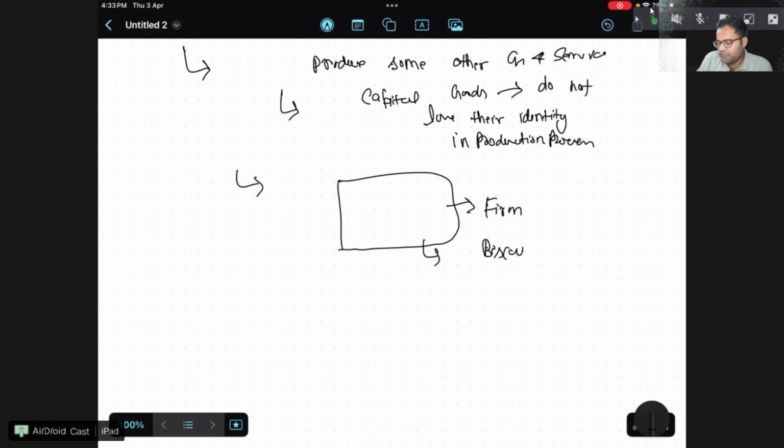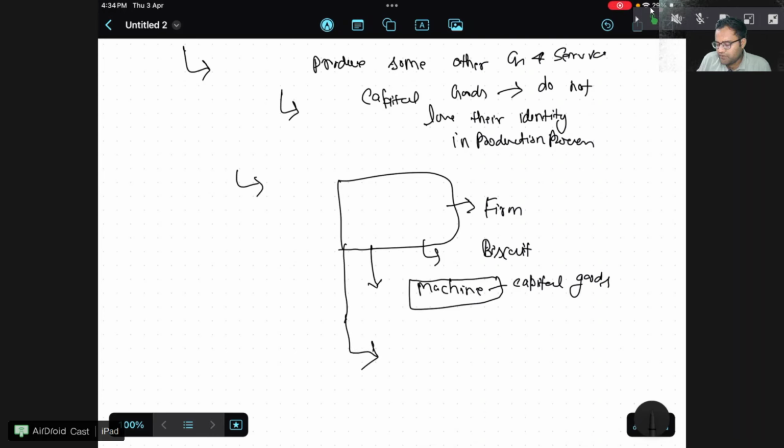In order to produce biscuits, this company establishes some machines which use some raw material, and then this machine produces the biscuit. So this machine is going to be considered as a capital good, because this machine is using the raw material and producing the final good.